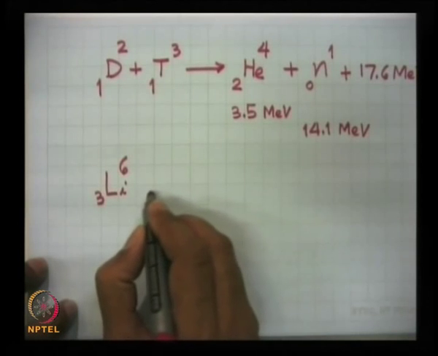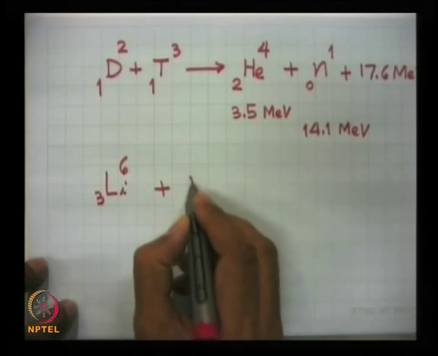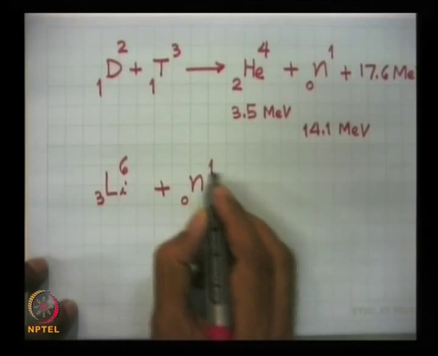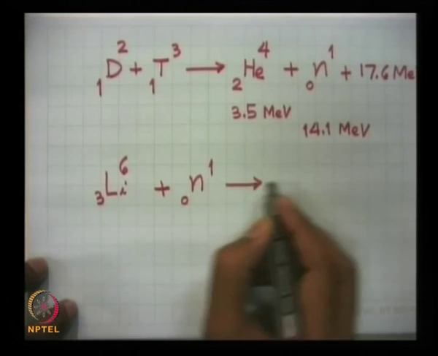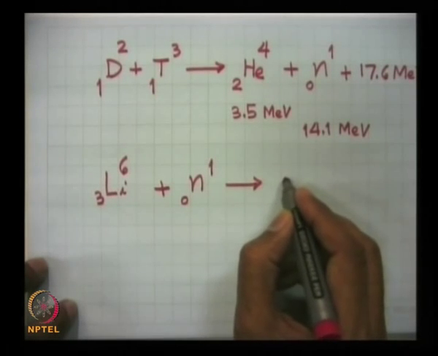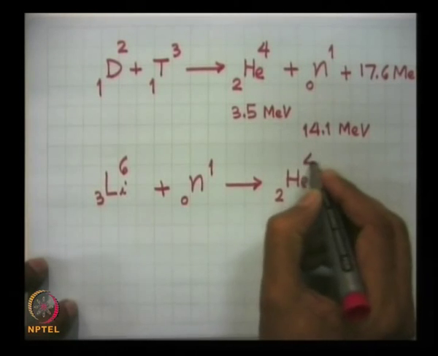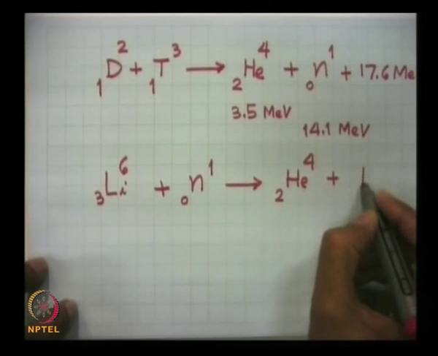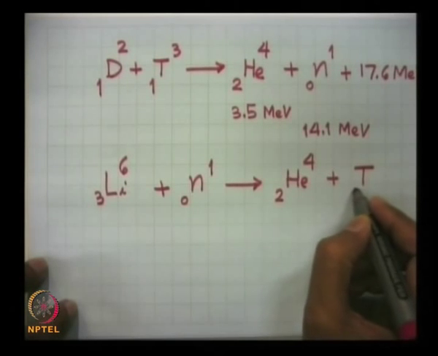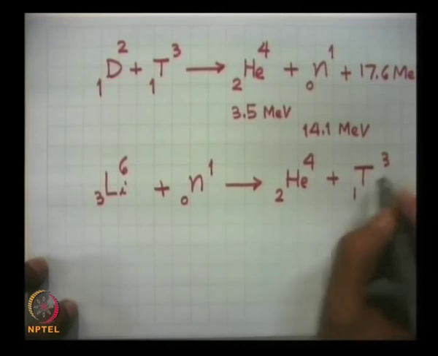If you bombard this with a neutron, then this will produce an alpha particle, 2He4, and tritium nucleus, which is 1T3.